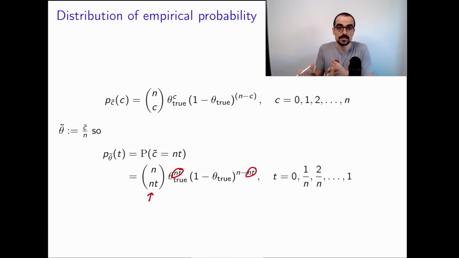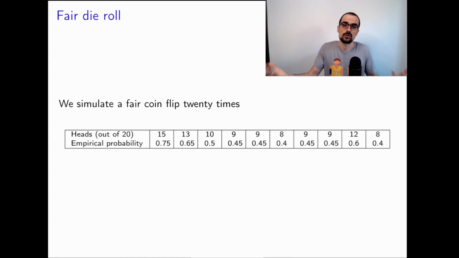So this gives us the PMF of the empirical probability under these assumptions. And then we can go look at it and see how well the empirical probability estimator approximates the true probability of the event. You remember when I wanted to show you that the empirical probability is actually quite noisy, and you will always not get a perfect approximation, I had shown you these results where we had simulated a fair coin that has probability 0.5 to land on heads.